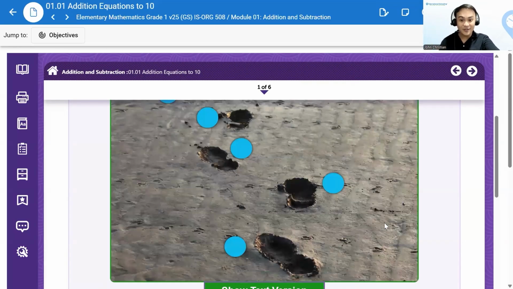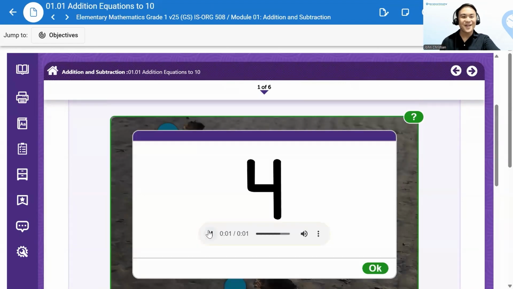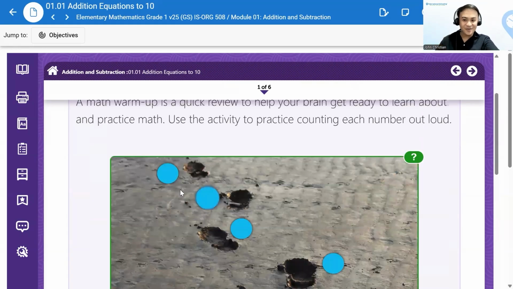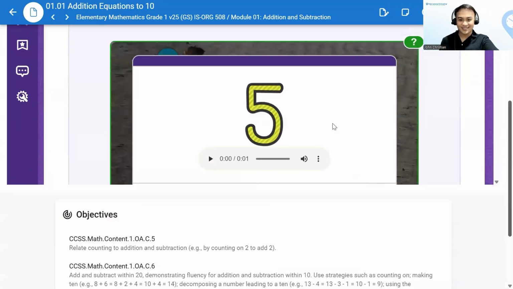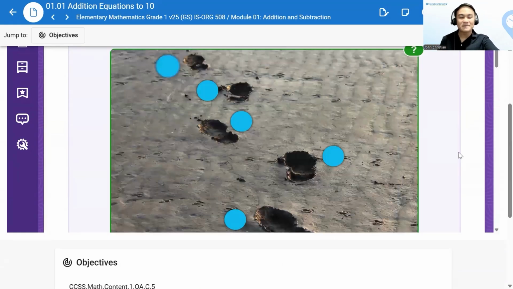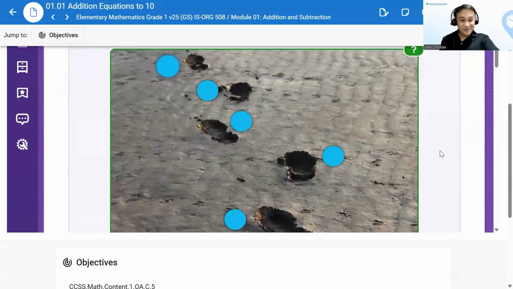Very good. Can you see another one? There's more. 4. Can you see 4? Very good. Is there anything more? There's another one. What number is this? 5. Great job. Good job. So, there are 5 footsteps.